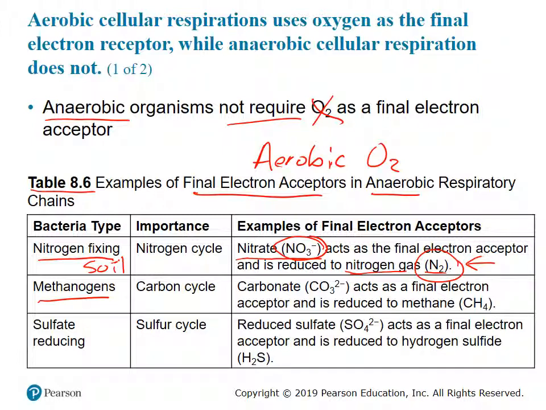Methanogens, which are organisms that actually make methane, they actually use carbonate, right? Carbonate gets used as the final electron acceptor, and they convert it into a chemical that we call methane, or methane gas. And in fact, there are some organisms that will do this. For example, in the GI tract of organisms.